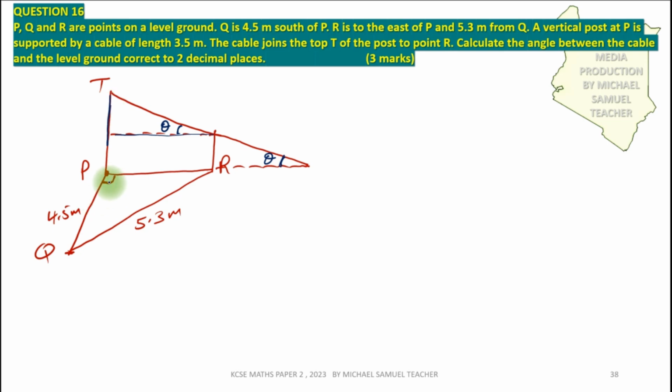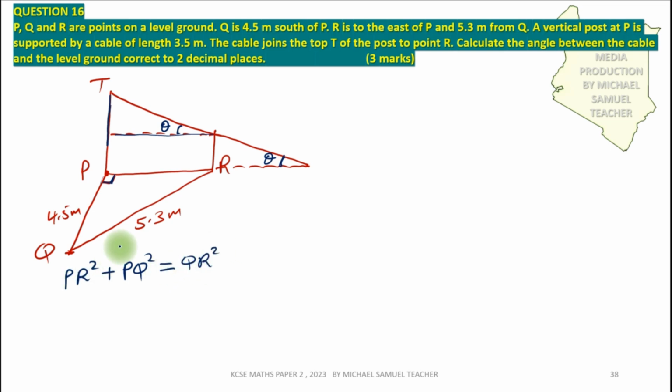Since this is a right angle triangle PQR, right angled at P, since Q is to the south of P, this is 90 degrees. So we can use Pythagoras theorem: PR squared plus PQ squared is equal to QR squared.